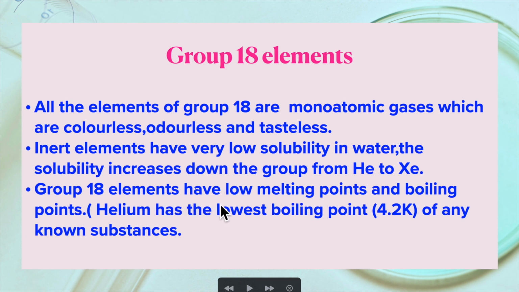Because these are monoatomic, and the only interaction between the atoms is van der Waals forces, and therefore they can be liquefied easily at low temperature. Helium has the lowest boiling point, 4.2 Kelvin, of any known substance. You have to remember this.